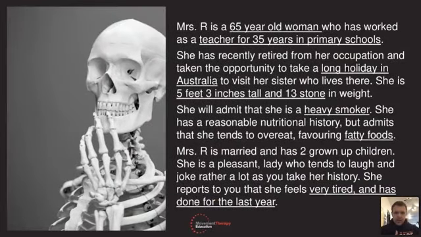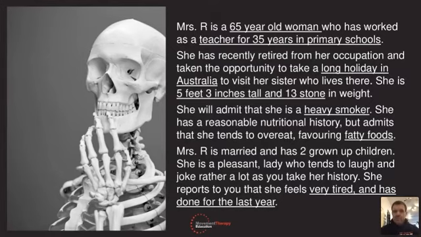Okay, cool. So these were the key things that I picked out. She's 65 years old. That already should make you think about some of the conditions that 65-year-old women are more susceptible to than younger women or 65-year-old men. She's been a teacher for 35 years in primary schools.